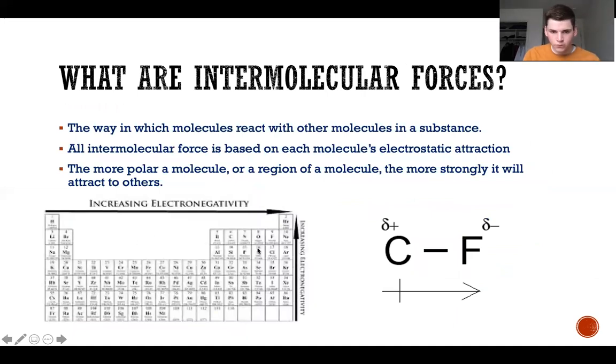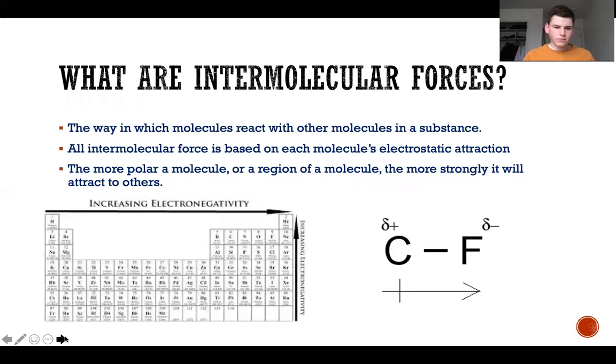Like if you have a fluorine and a boron, I don't know if they'd even bond or if they like each other, but we know that fluorine is super electronegative, and boron, even if it is electronegative quite a bit, it's not as much as fluorine. So therefore we'd have a polarity with fluorine on the negative side.